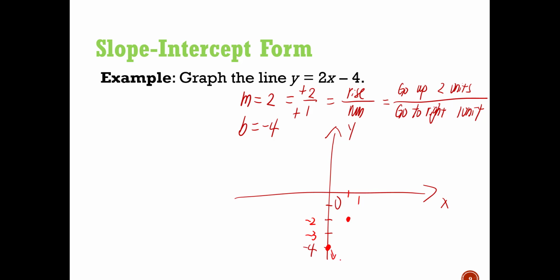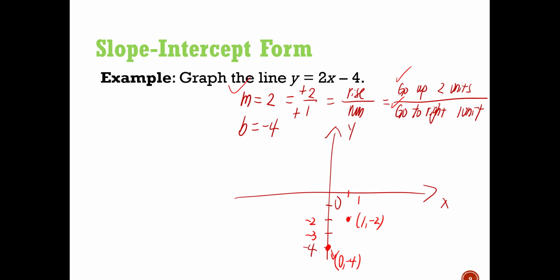This point is (0, -4). Another point will be (1, -2). So by using the slope, we are generating another point. Based on -4, go up 2 units. Follow this procedure: go up 2 units and go to the right 1 unit.